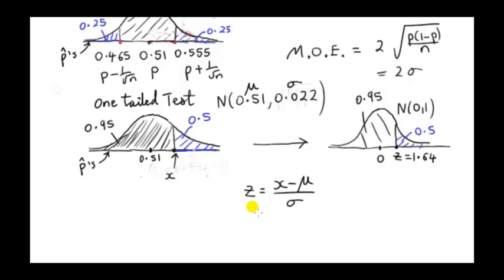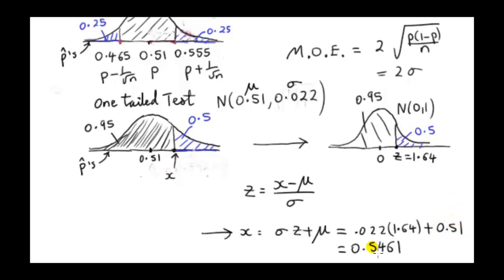We just need to rearrange this to get x. So multiply both sides by sigma and add mu to both sides. Sigma is 0.022, our z value is 1.64, and mu, the mean of this distribution, is 0.51. We get 0.5461.